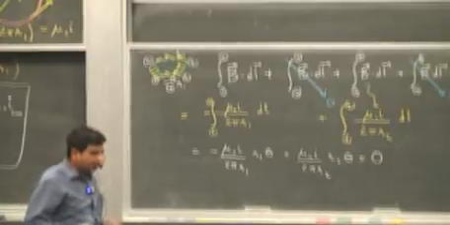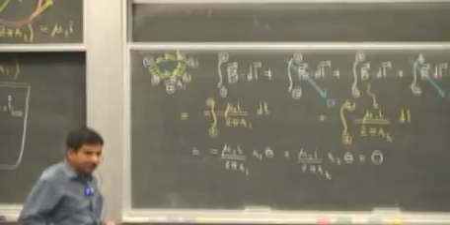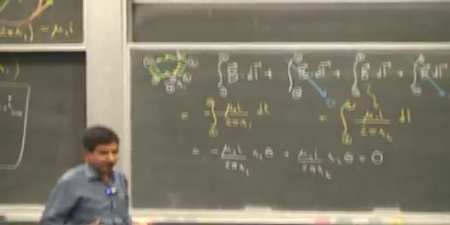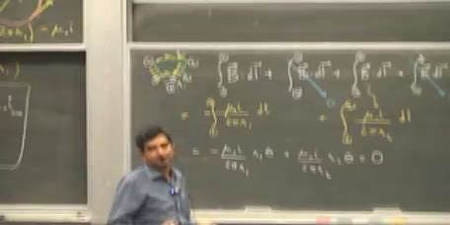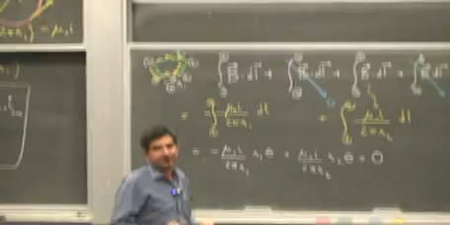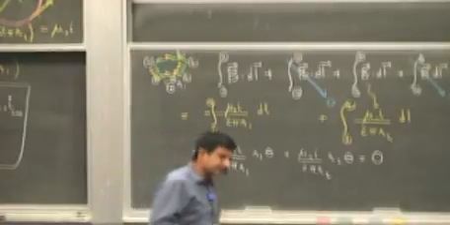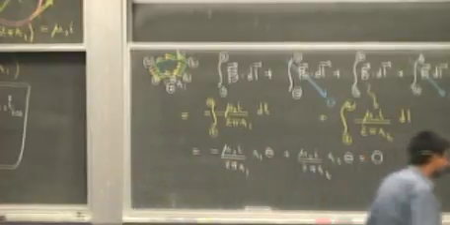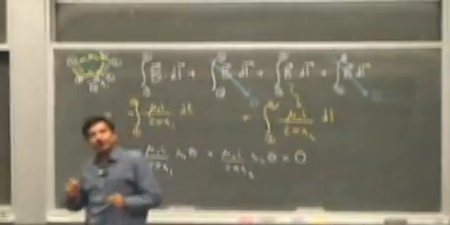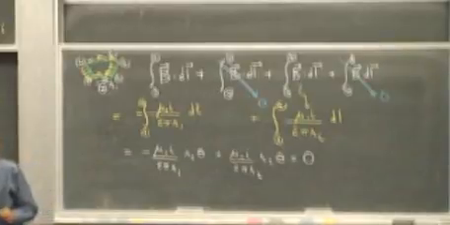I take the dot product of the magnetic field at this point with the small distance vector that I move. I go to the next point, find the field there, and take the dot product with the infinitesimal distance that I move. I move all around the path in a counterclockwise fashion, and then I add up all the contributions.